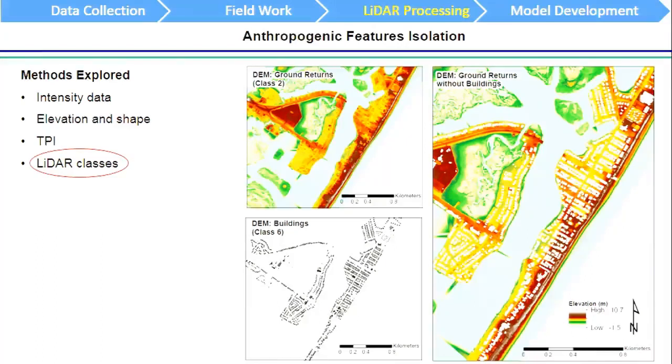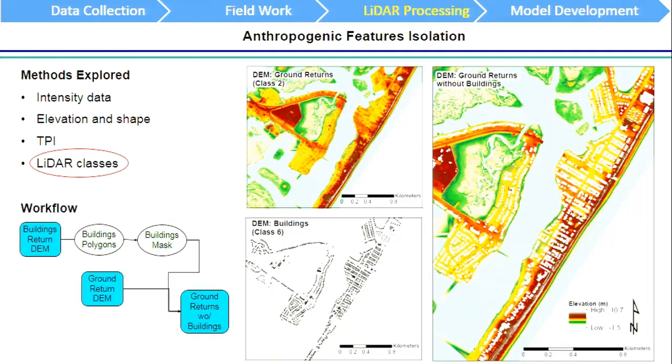And so when we generate a DEM with just the class 6 LiDAR and generate a DEM with ground elevations, we can create a mask for the buildings and then extract them from the ground DEM, and we end up with a DEM for ground returns without buildings. And this is the DEM that we use as the input for the model.